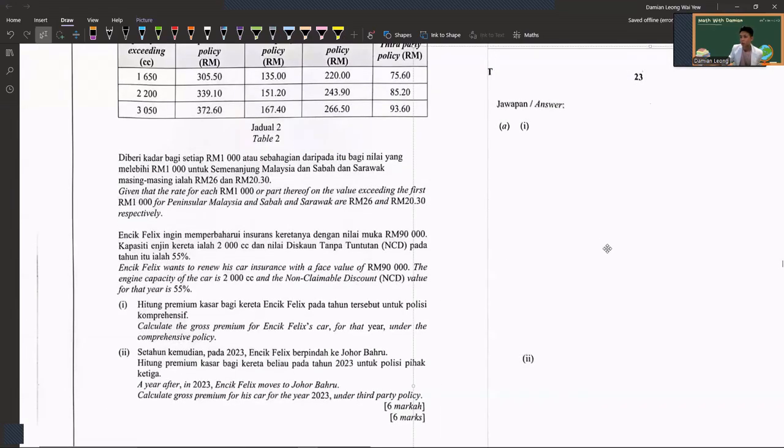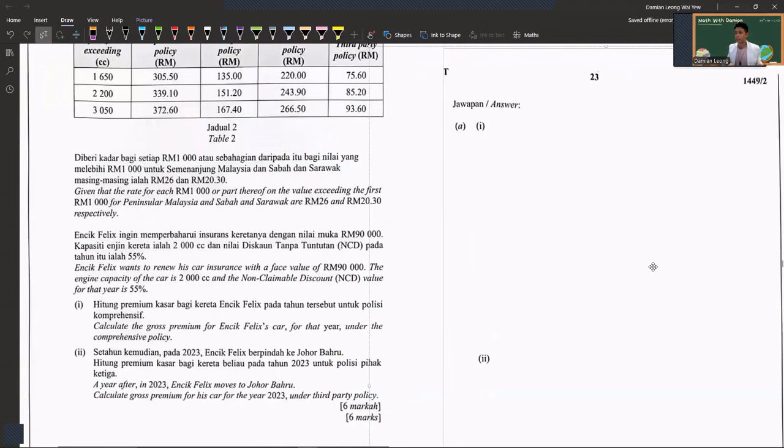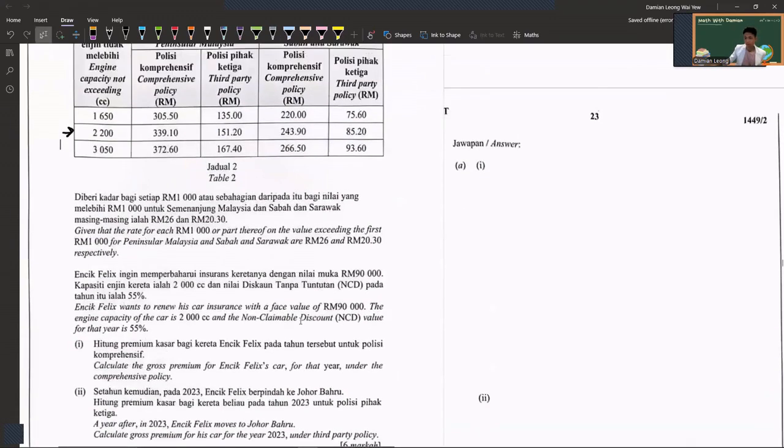Okay, so Encik Felix wants to renew his car insurance with face value of 90,000 ringgit, engine capacity 2,000 cc, and non-claimable discount 55%. So 2,000 is not exceeding 2,200.